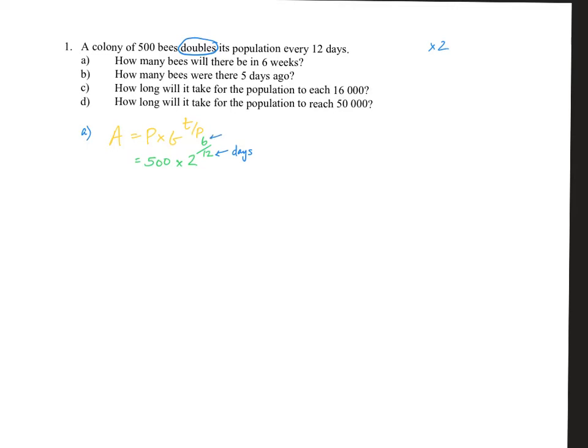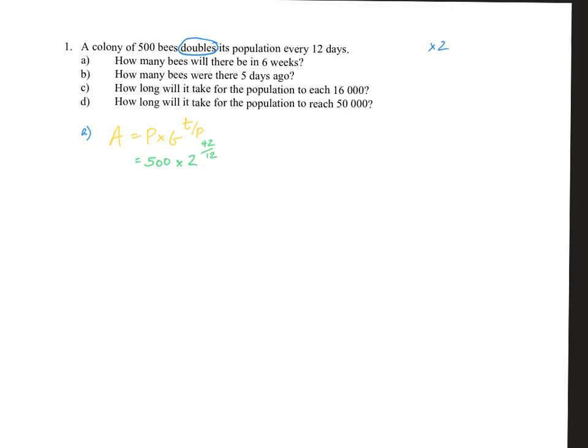So as soon as I then subbed in weeks above, my exponent isn't consistent in its units. So I have to be consistent and either change 12 days into weeks or change 6 weeks into days. And I would hope that we would find changing 6 weeks into days easier. So I had my period of 12 and I can sub in 42 for my number of days.